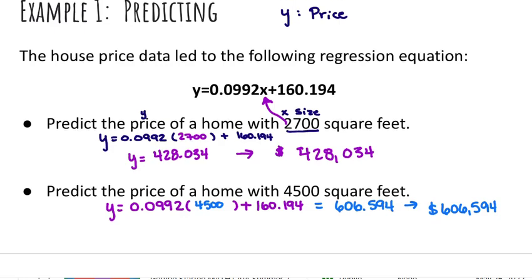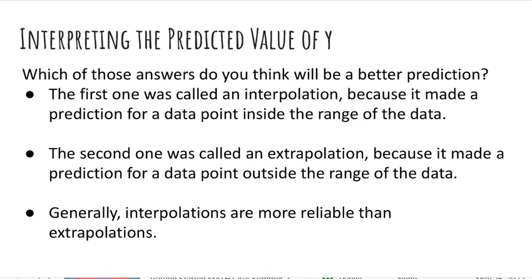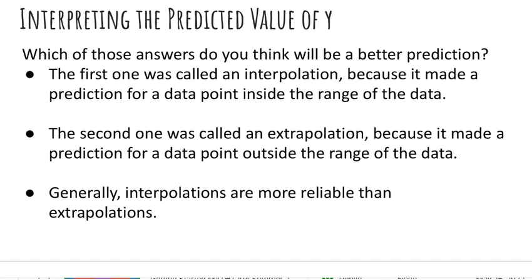That brings us to a couple of vocabulary words. When we plugged in 2,700, that was called interpolation, because it made a prediction for a data point inside the range of data.